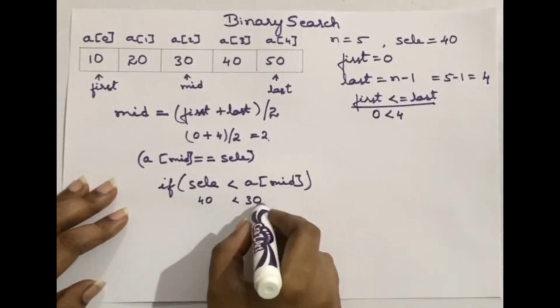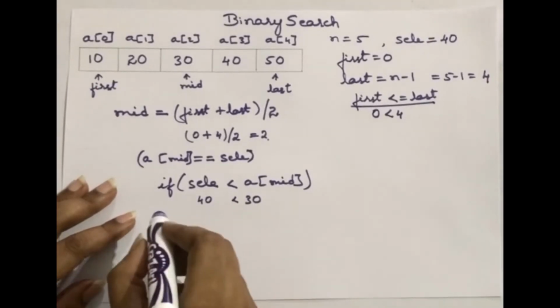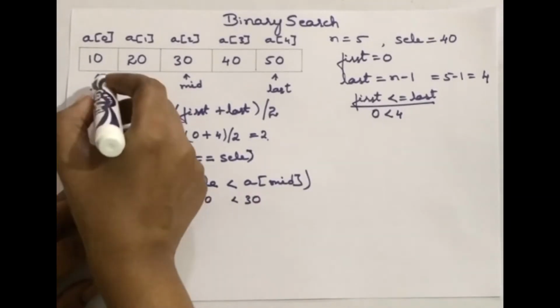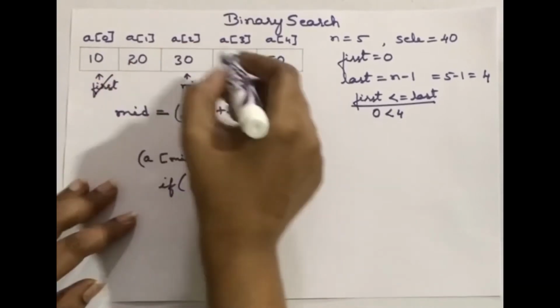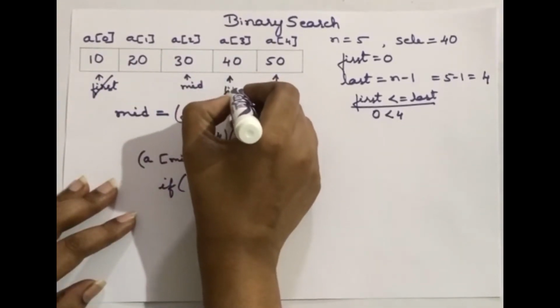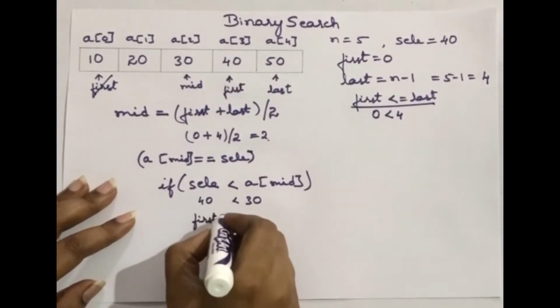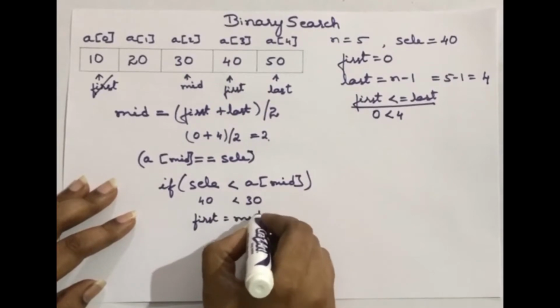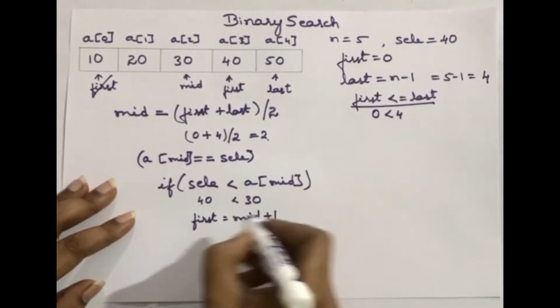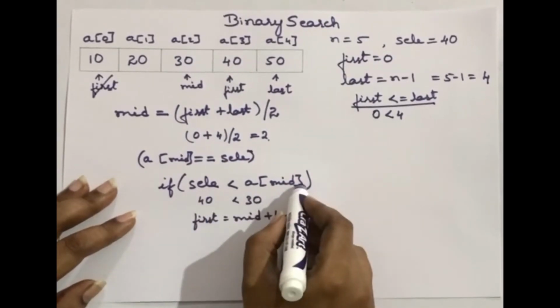This statement is false. So, what we can do is we can move the first pointer from here to here. That is, first will be equal to mid plus 1. This will be the else part when this is false.